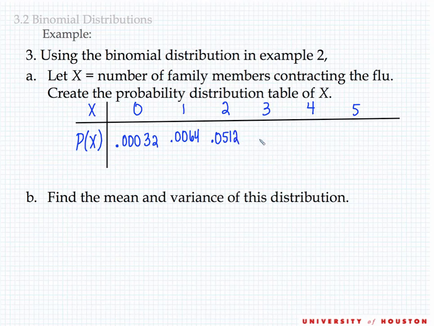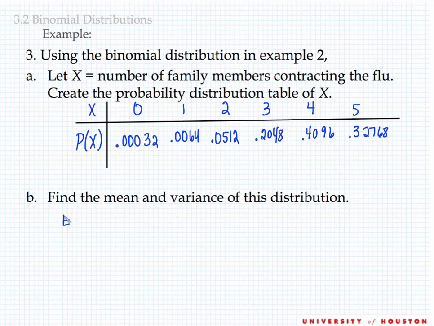The probability that exactly 3 contract the flu is 0.2048. The probability of 4 getting the flu is 0.4096. And again, the probability that exactly 5 people get the flu is 0.32768.